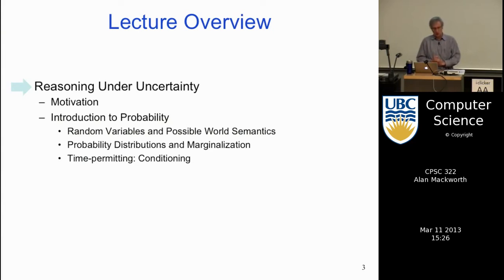But the view of probability we're going to give you here may be different from the one you got in your probability course. There are two kinds of probabilities. There's subjective probability, and there's so-called objective or frequentist probability. Subjective probability is what we're going to talk about, and that's concerned with an agent's beliefs about the world.